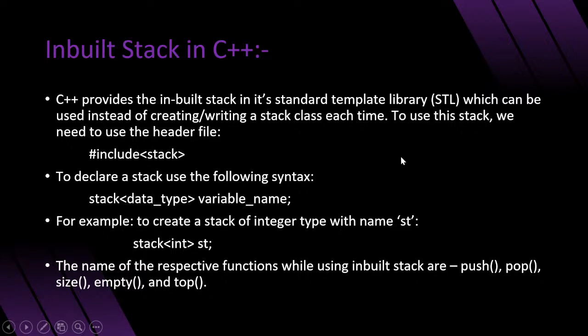To use this, we have to just use the header file #include stack, and the syntax to declare the inbuilt stack of C++ is this. We specify the data type and then we give the variable name. For example, if you want to create a stack of type integer with the name st, we write stack int st. This basically means we have created a stack which can hold values of integer.